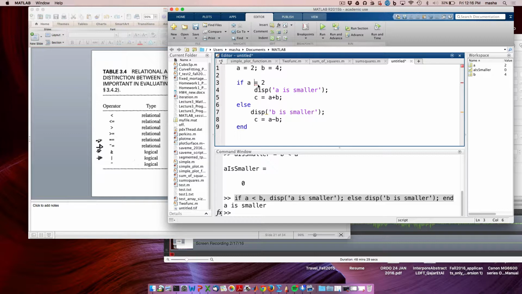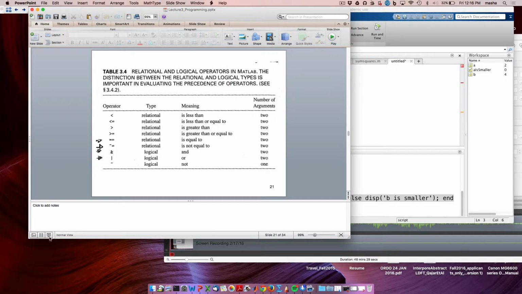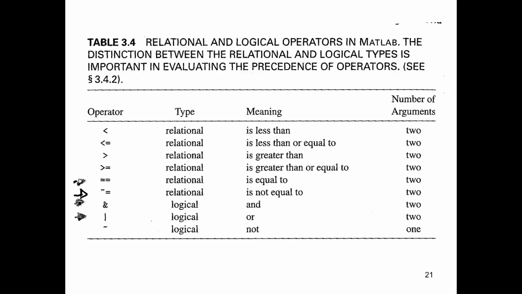So those are called logical operators as well. I'm checking whether something is equal to 2. And then I could have, again, this is basically, is A different from whatever value? So I can ask whether A is different from 2?